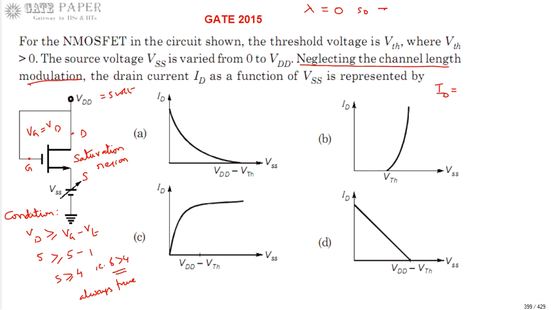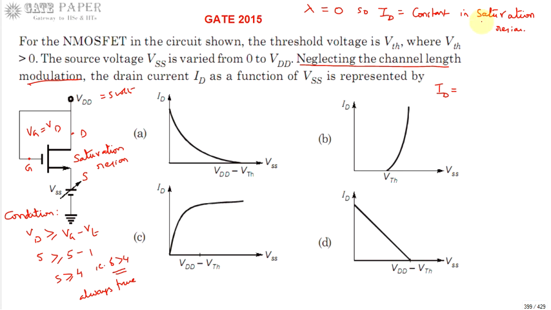So ID is constant in the saturation region, that is, drain current is constant in the saturation region, and it depends only on VGS minus VT.